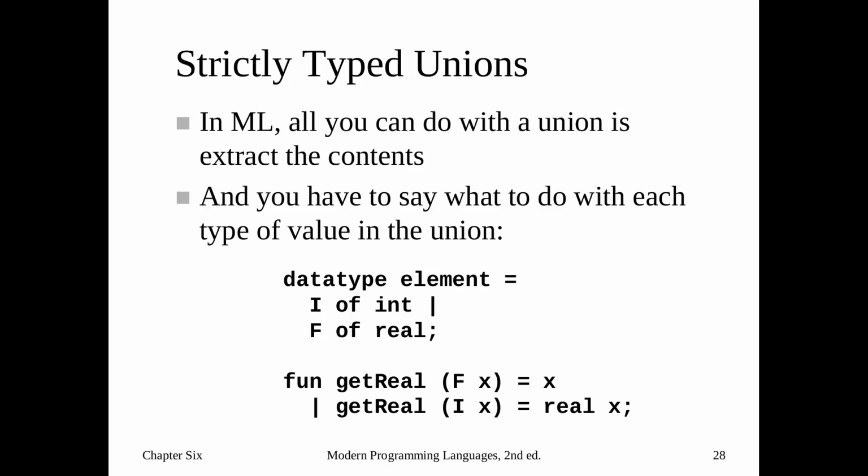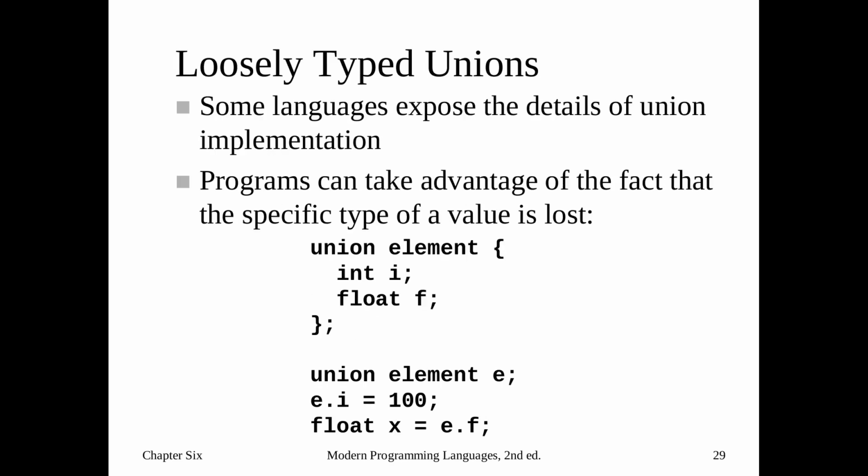So it has to actually convert. That's the interesting problem here: if you do this, you have to make sure that you handle both, or all. On the other hand, there are loosely typed unions, like in C, right? These languages expose the details of the union implementation. Programs can take advantage of the fact that a specific type of value is lost.